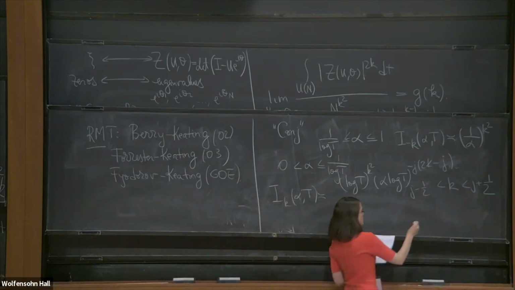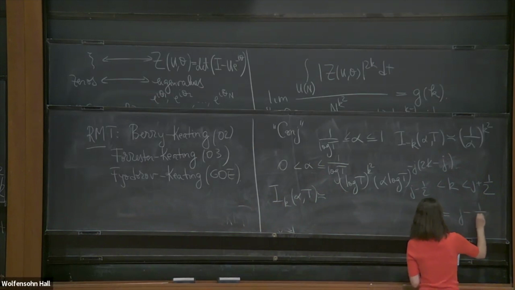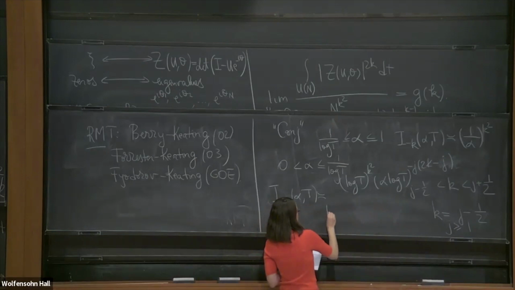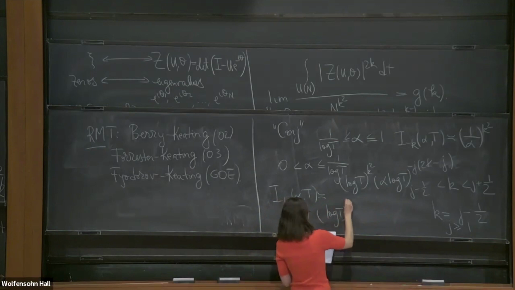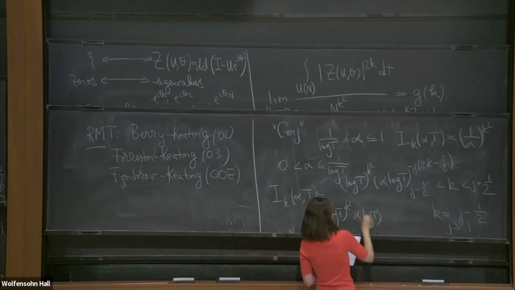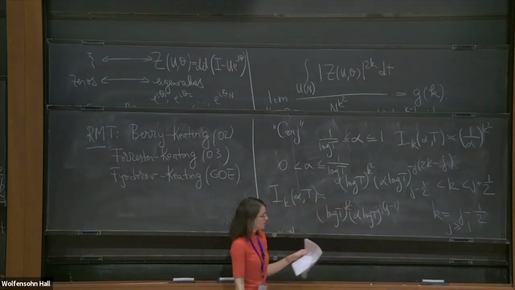But when k is equal to a half integer, so if k is j minus 1/2, then you get some extra logarithmic corrections. So it will be log t to the k squared times alpha log t to the minus j times j minus 1. So it's quadratic here.